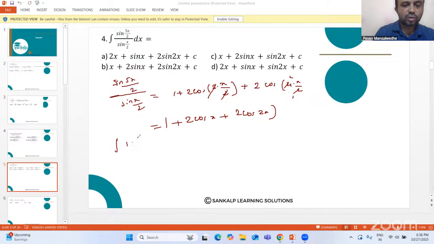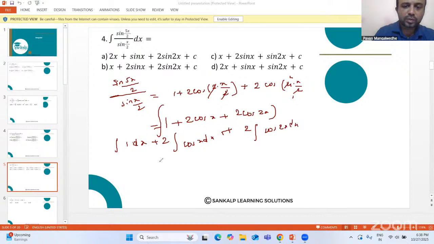Integration of the same. If you do the integration, you will get the integration of 1 dx plus 2 into the integration of cos x dx plus 2 into the integration of cos 2x dx.